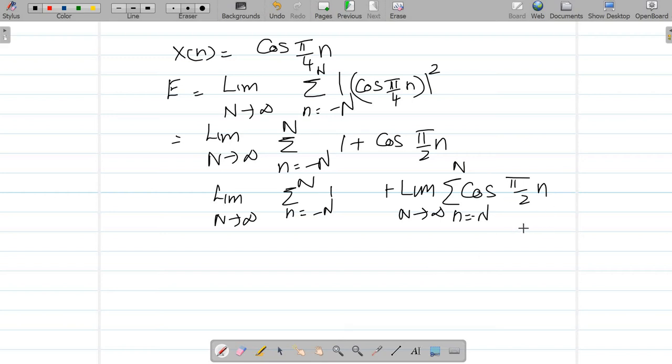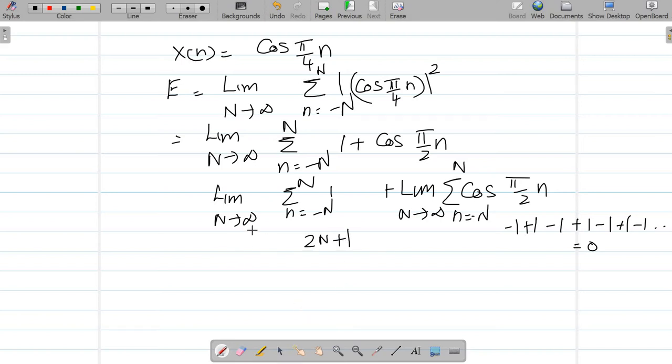Now this term becomes 0, because it will alternate between 1 and minus 1, and so it goes on like this. So this term will become 0. However, this term will be 2N plus 1.